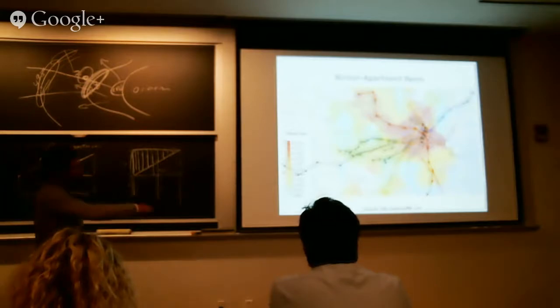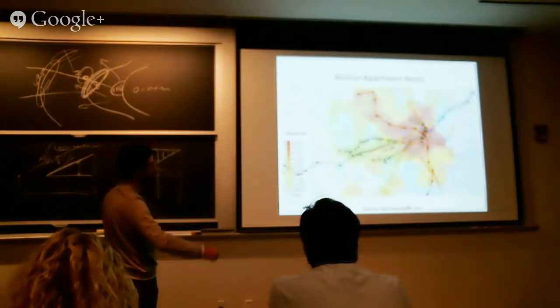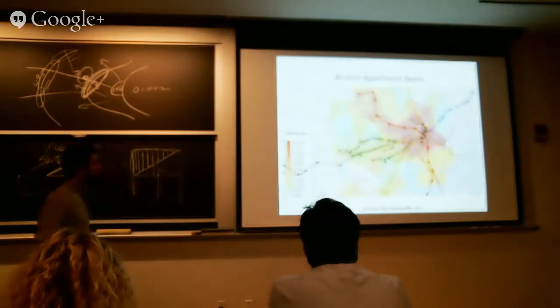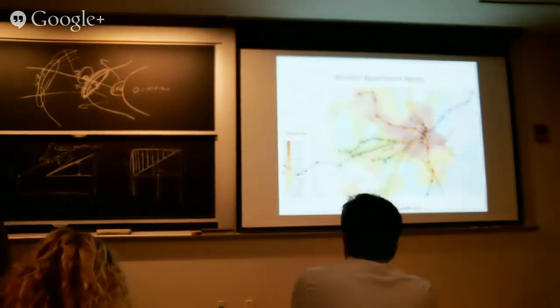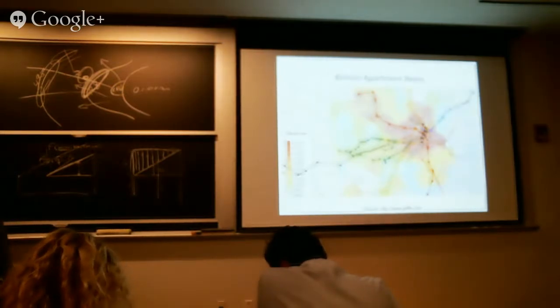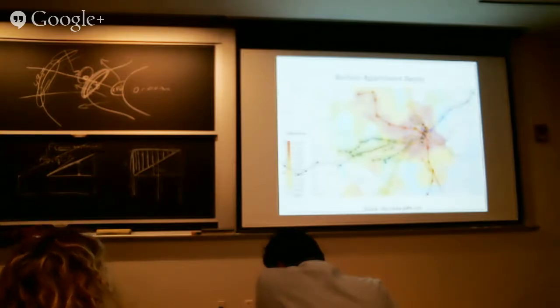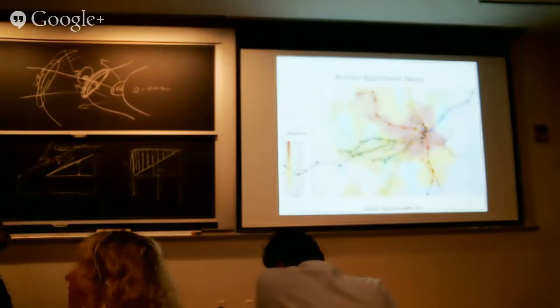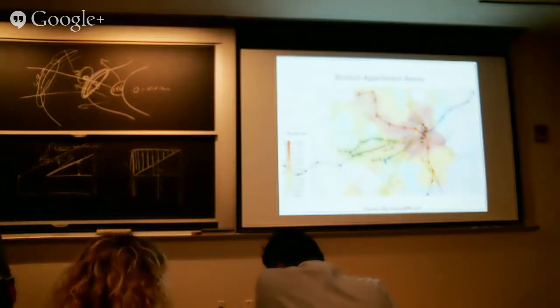You can go west to Logan Airport, towards East Boston, and there are other factors at play, like security. So the model is not completely perfect. That's the point I want to make: it's a simple model that allows you to understand the basic principles working behind real estate.